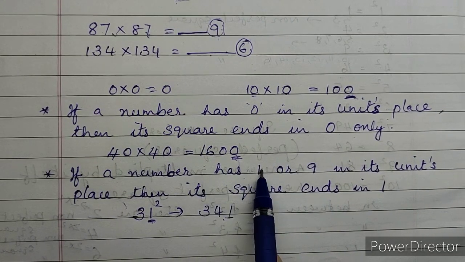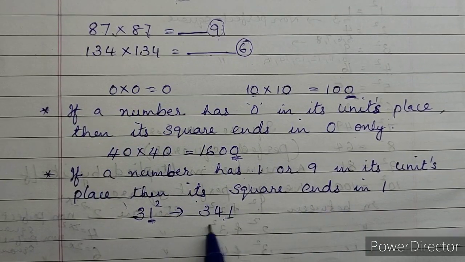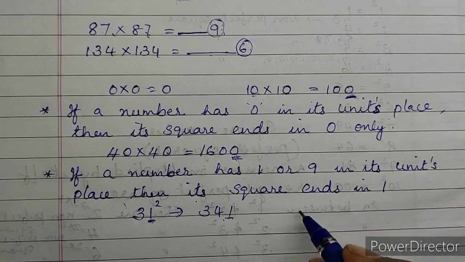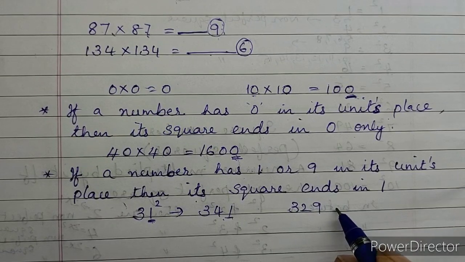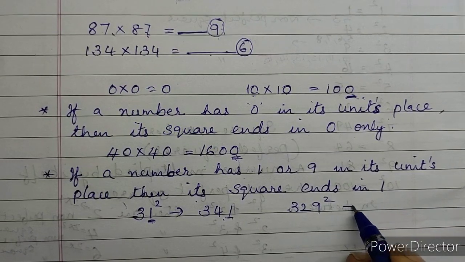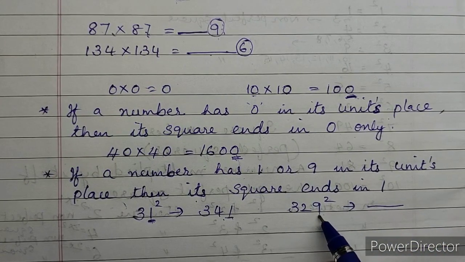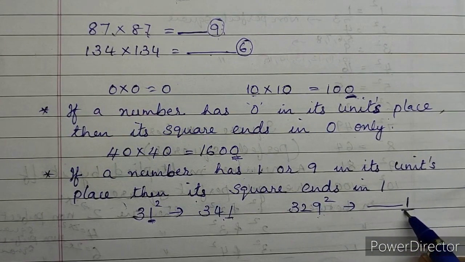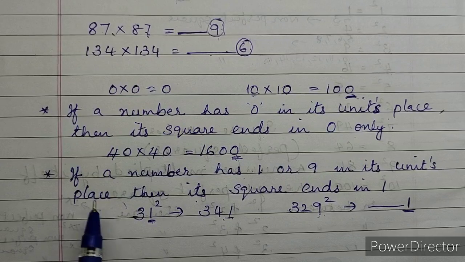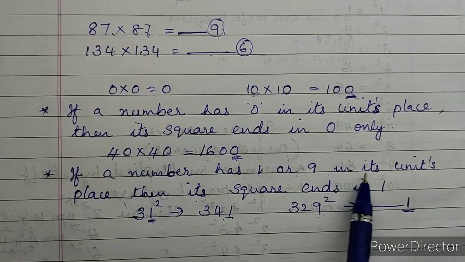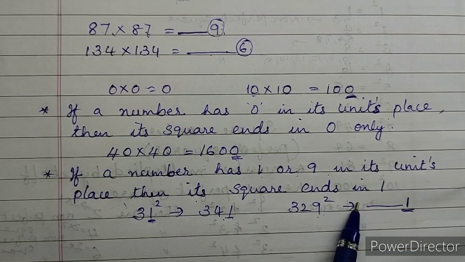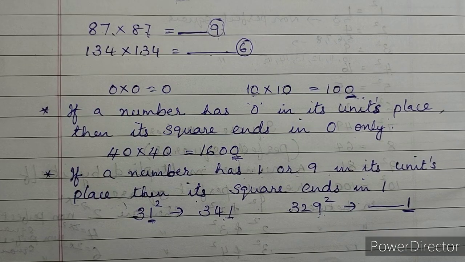So, if the number has 1 in its unit place, the square ends in 1. Another number with 9, you just select 29. So, 29 square. The value will be ending with 9, 9 9s are 81. So, 1 will be the ending digit. So, if a number has 1 or 9 in its unit place, then its square ends in 1 only.